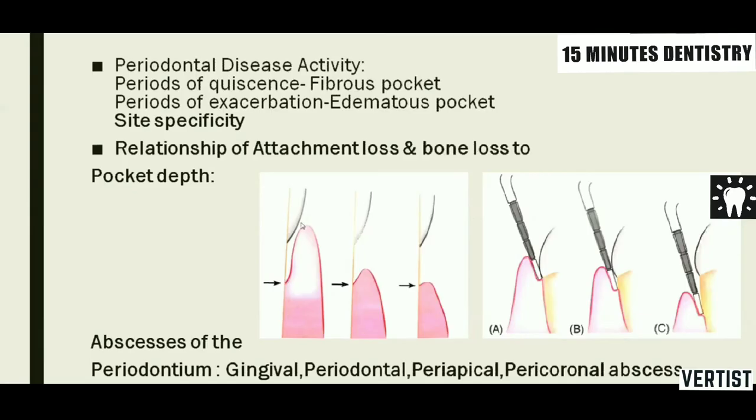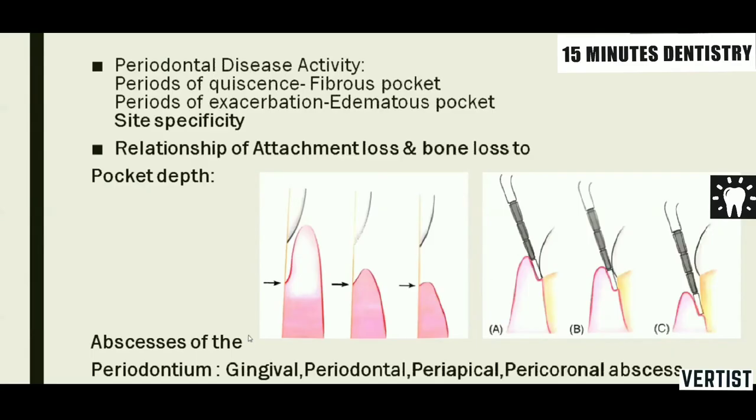But the pocket is 7 millimeter in the first case, 2 millimeter in the second case, and 0 millimeter in the third. But loss of attachment in all three cases is the same. So loss of attachment shows the severity of the periodontal disease, not the pocket depth. That is why you must always measure loss of attachment also. In the second diagram, you can see pockets of the same depth, but loss of attachment is different. So severity of periodontal disease is assessed by loss of attachment.